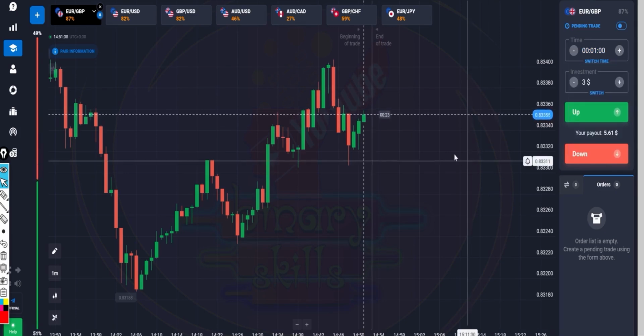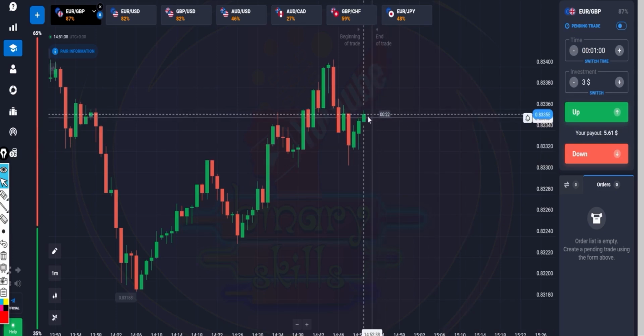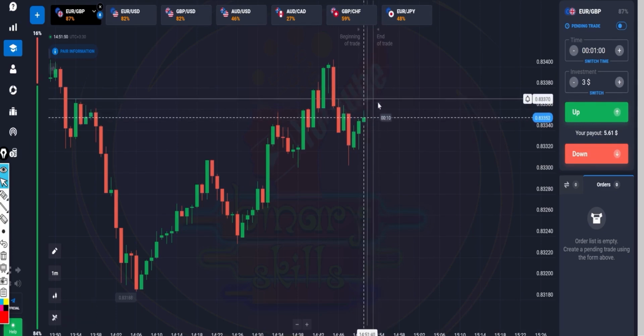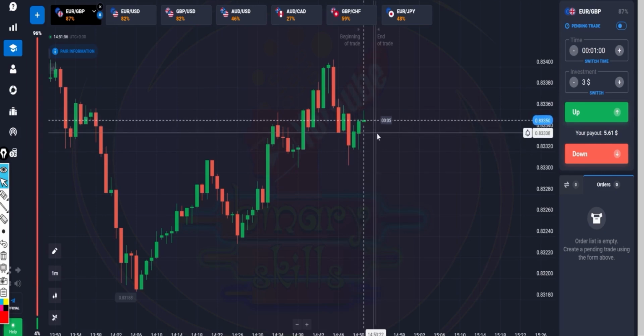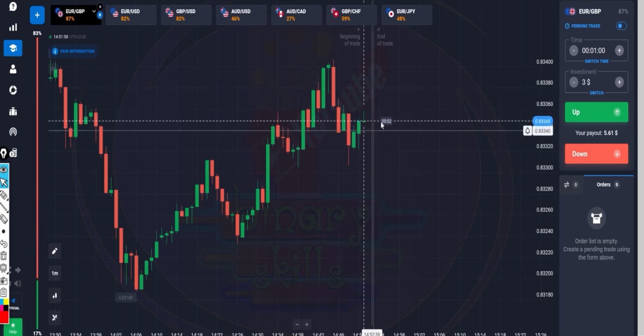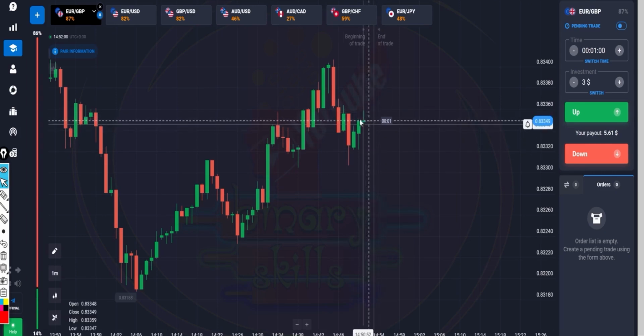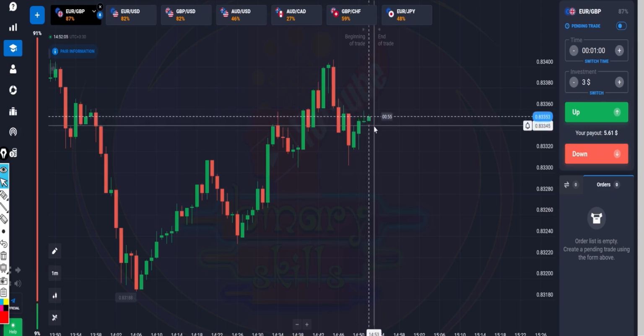In this mode, wherever I open the trade, right at the moment I click, the trade will open. Then, exactly 1 minute later, the trade will close. Each of these candles represents 1 minute, which means my time frame is set to 1 minute. For example, if there are 20 seconds left until the candle closes and I open a trade, my trade will close exactly 1 minute later, which means 20 seconds before the next candle closes.